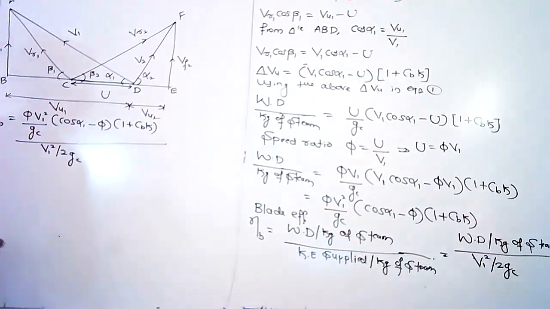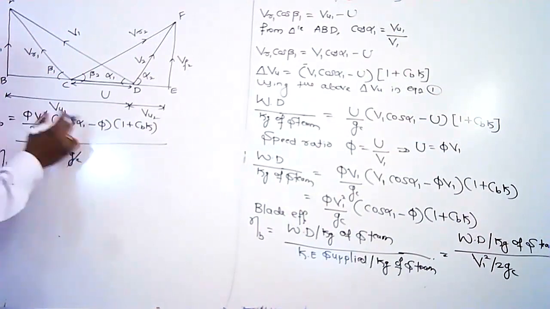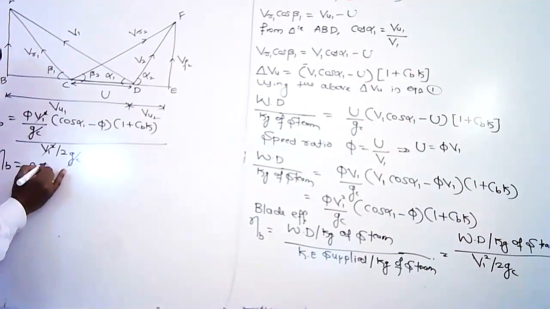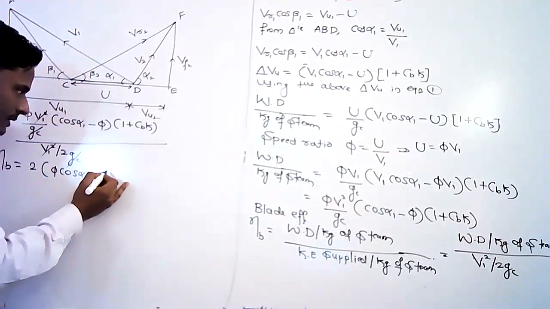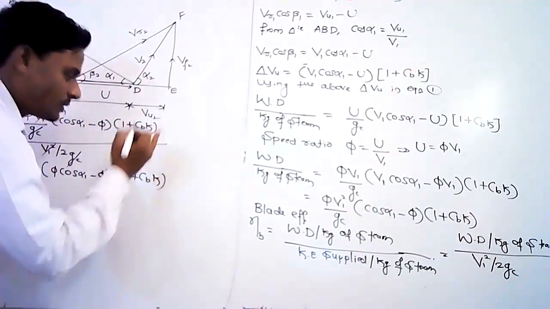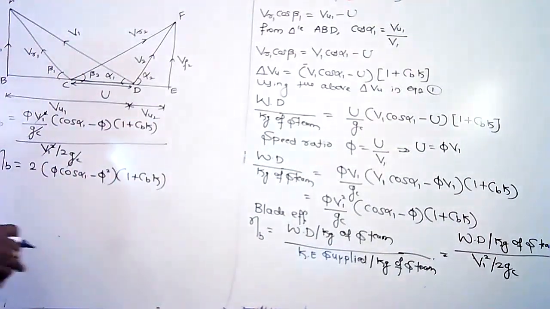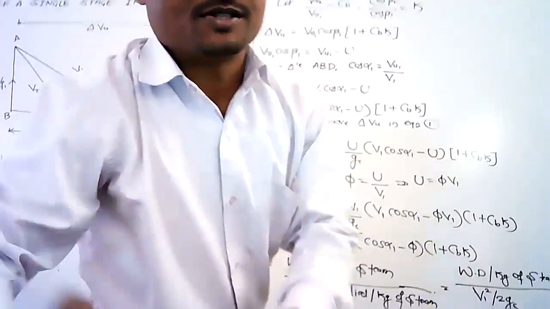So Gc gets cancelled and V1 square gets cancelled. Taking 2 to the numerator and multiplying phi with the entire bracket, we are left with eta B equals 2 phi cos alpha (1 minus phi) into (1 plus Cb into K). This is the equation for blade efficiency.